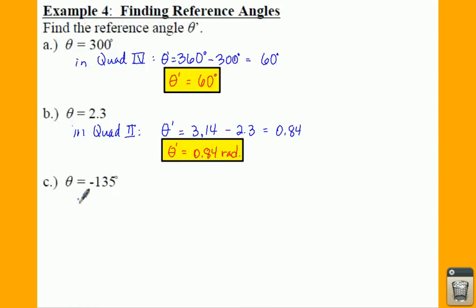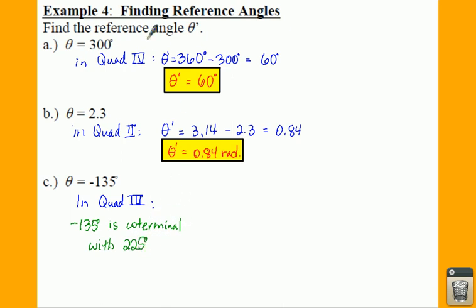Yep. So in this case, we're going to be in quadrant 3. And the easiest thing to do here would be to make negative 135 degrees coterminal with 225 degrees.